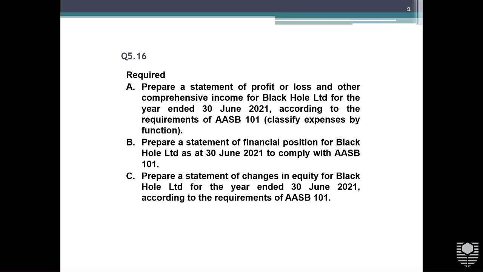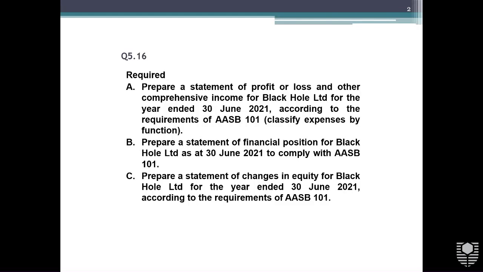There's a few others, but because it's been a few weeks since we've looked at this stuff, I'm just jogging your memory so that when we go through this 5.16, it starts to make a bit of sense. Remember, with a profit and loss, you can prepare it and show your revenue and expense items by nature or by function. By nature, it means individual items. By function, it means you're grouping it into similar functions like admin expenses or selling and distribution or marketing, something like that.